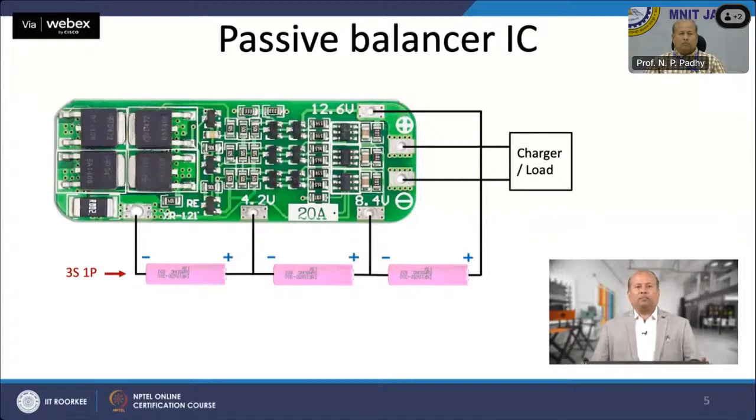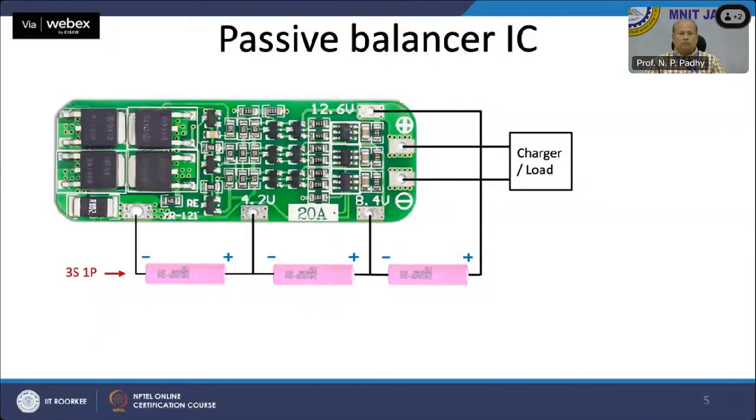The passive balancer IC with specifications as 3S, 20 ampere and 12.6 volt maximum can handle 20 ampere of current and has protection for short circuit, overload, discharge and overcharge, which provide safety and protection for the lithium ion batteries.